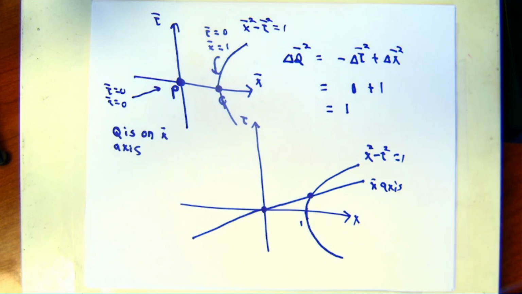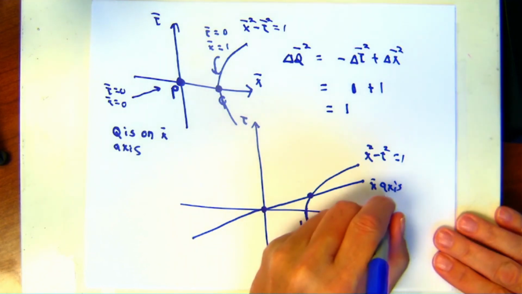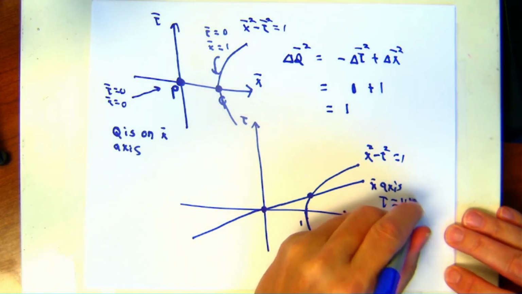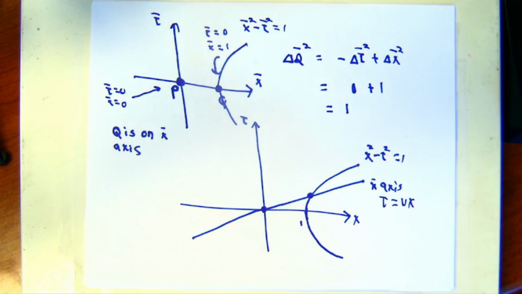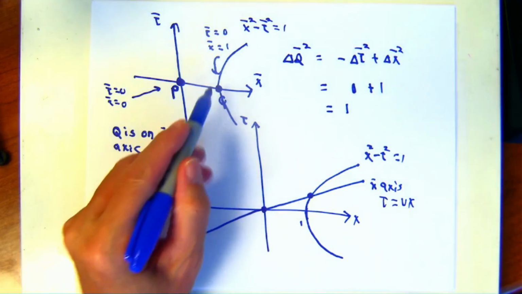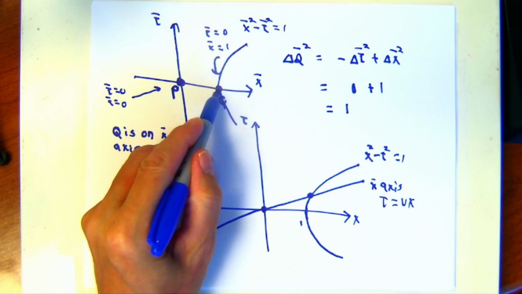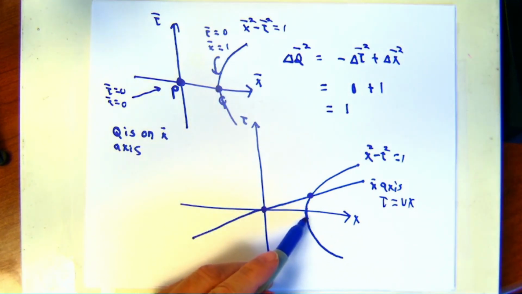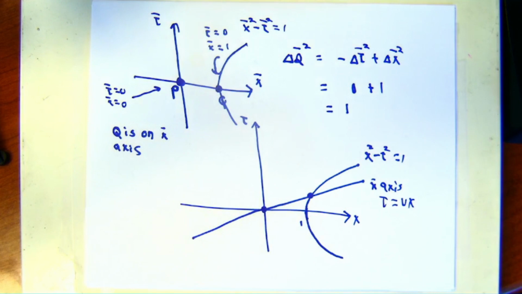The T bar axis was x equals vt, the X bar axis is t equals vx. The intersection of these two objects, the X bar axis with the hyperbola, was the vertex here, but it isn't the vertex here. This is like the two coordinate systems arguing about which point was the highest point.